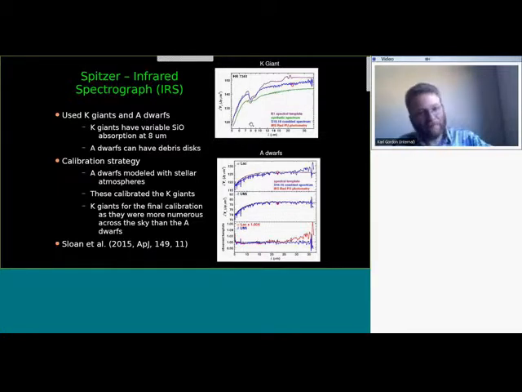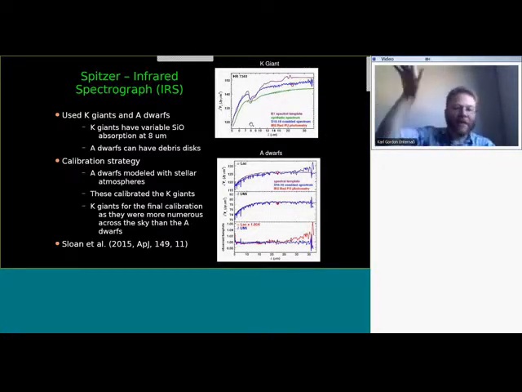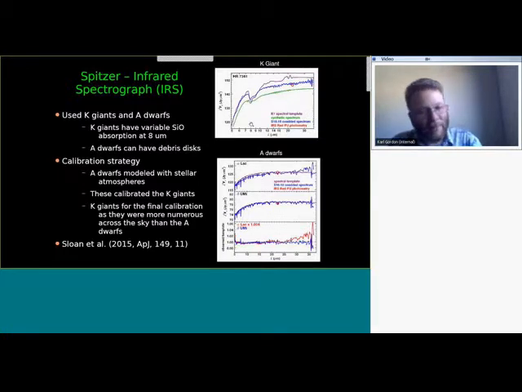A-dwarfs, of course, can be challenging, especially further into the mid-infrared, because of debris disks, and so you start to see an excess above the stellar atmosphere due to the dust in debris disks radiating. So the calibration strategy that IRS ended up using is that the A-dwarfs were modeled with stellar atmospheres, which in the lower panel here you can see they did a good job of reproducing the observations, especially for delta UMi.